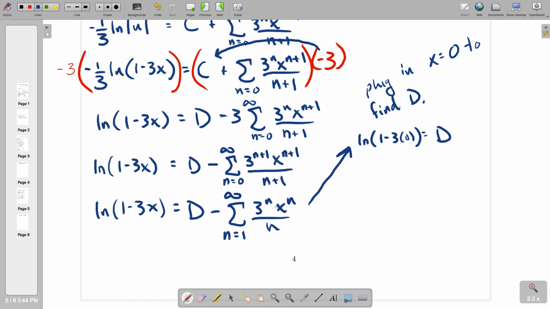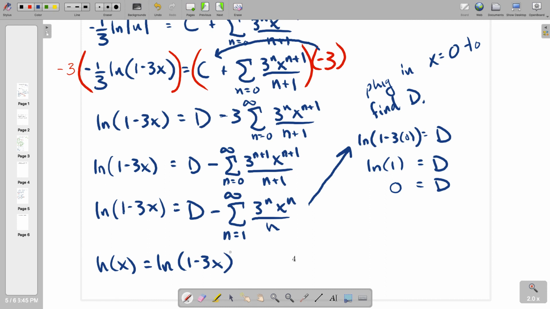Because if you plug 0 into all these terms, everything's 0. So that's kind of nice. But then what do we get? The natural log of 1 equals d. But guess what? The natural log of 1 is 0. So in this case, d is 0. So that leads us to h of x, which is equal to the natural log of 1 minus 3x, is equal to the opposite of this infinite series right here.